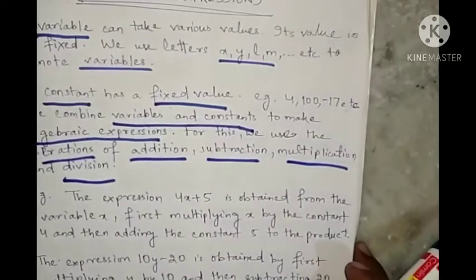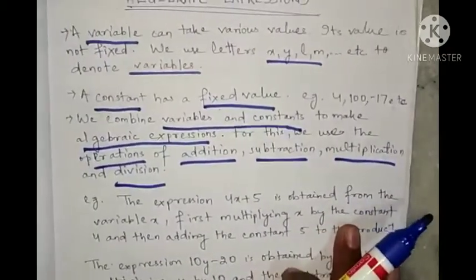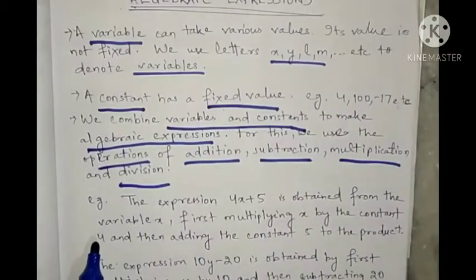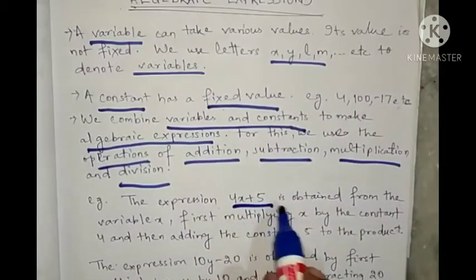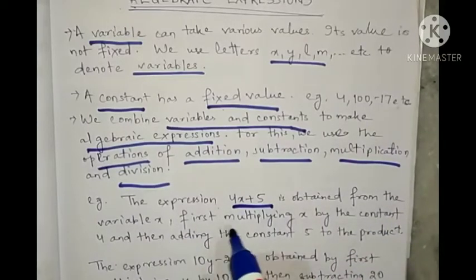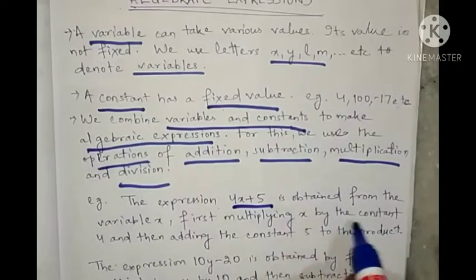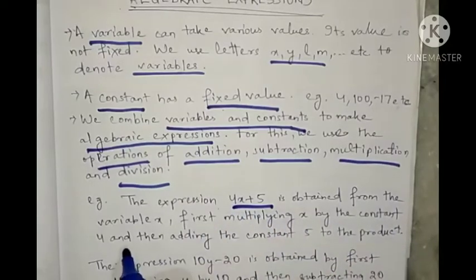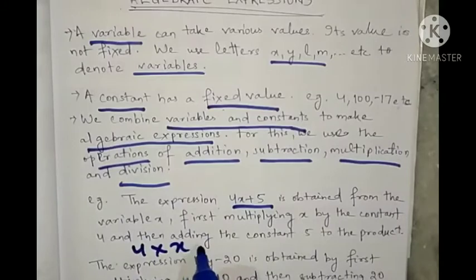Let's see the expression 4x plus 5. How is it obtained? From variable x, first multiply x by the constant 4, that is 4 into x, and then add 5.